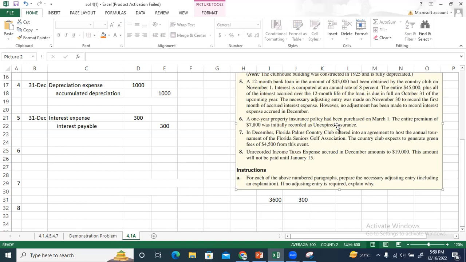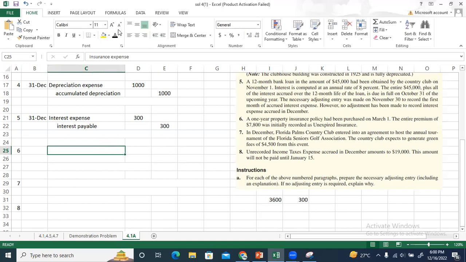Now what is happening? You have used it up for 1 month and you need to record this as an expense. So an asset has to be converted into an expense over here. So insurance expense debit and prepaid insurance policy credit because you are reducing your asset. We should actually use the name that they have used.